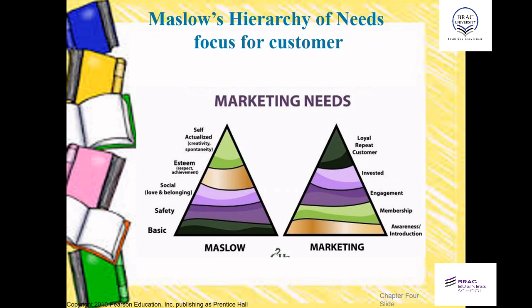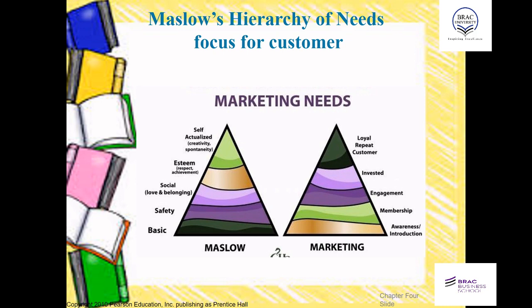Then in case of esteem needs, here we are talking about investment. Let the customers go more and more with the brand. Let them make the purchase. Let them enjoy the product. Let them get involved with the product from all patterns of personality.